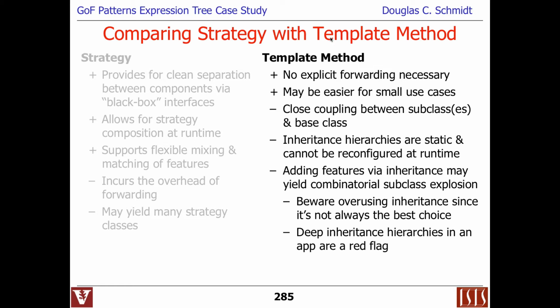Adding features via inheritance can lead to a combinatorial subclass explosion. As I was talking about before, you'd end up with lots of different variants, each overriding one thing to vary it in subtle ways. So as a general rule of thumb, as a designer, if you have deep inheritance hierarchies, it's probably an indication that either something has gone awry or you have a framework that is doing an awful lot of stuff for you, and you just have to program at the edges of the framework.